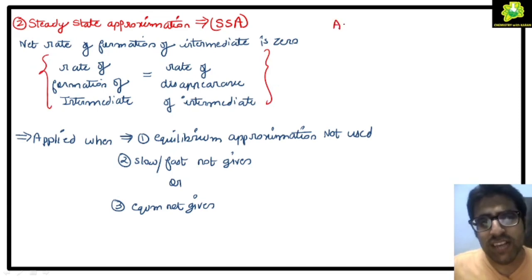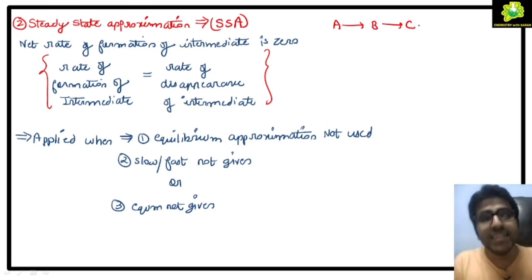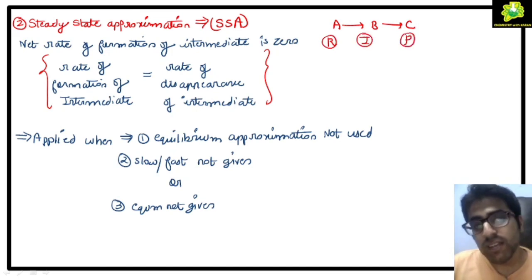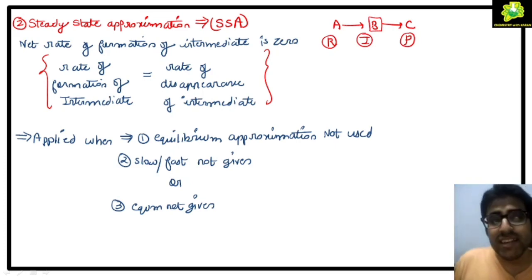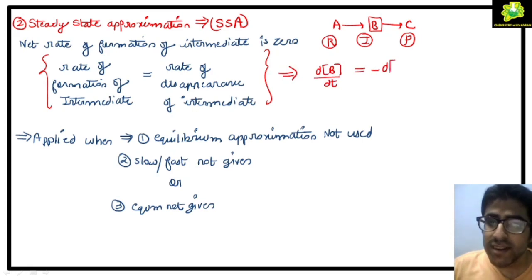Suppose the reaction is A giving B giving C. A is the reactant, B is the intermediate and C is the product. So we will be saying that the intermediate will be formed so fast that the net rate of formation is 0.